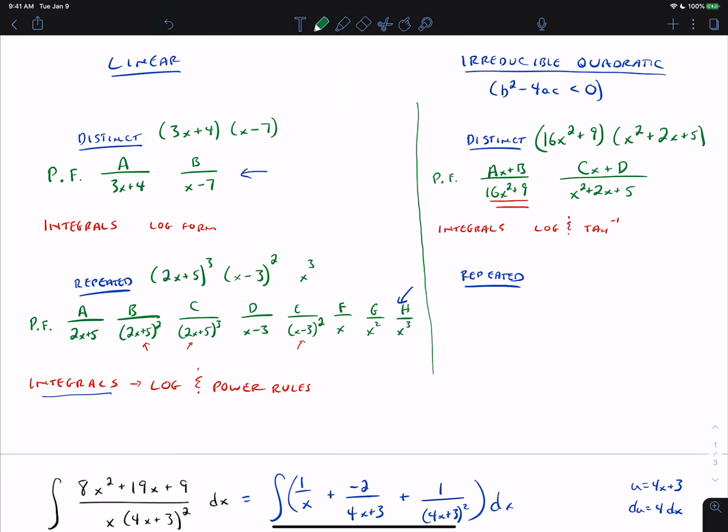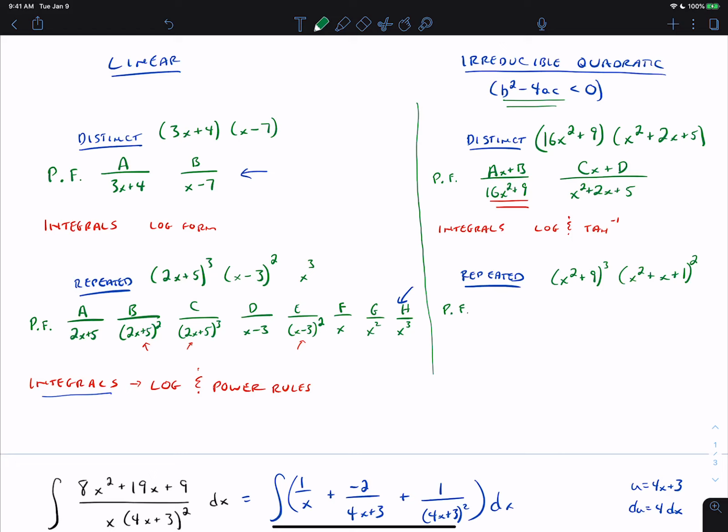Okay, and then repeated irreducible quadratics, that would be if we had something like x squared plus 9 to the third, or x squared plus x plus 1 to the second. Again, we can verify that those are irreducible quadratics by calculating the discriminant and proving that it's negative. But in this case, we handle it like we handled repeated linear factors.